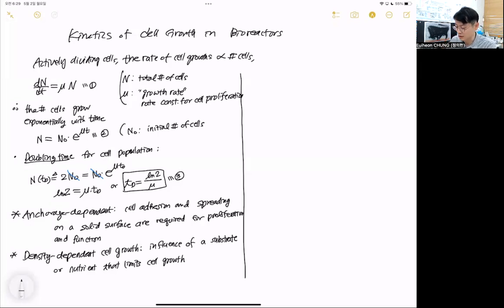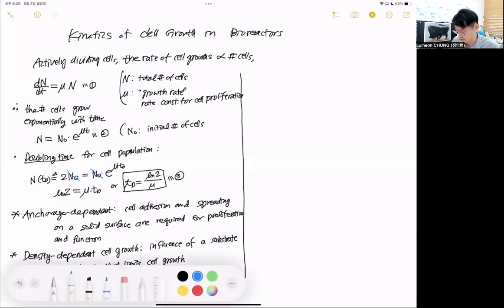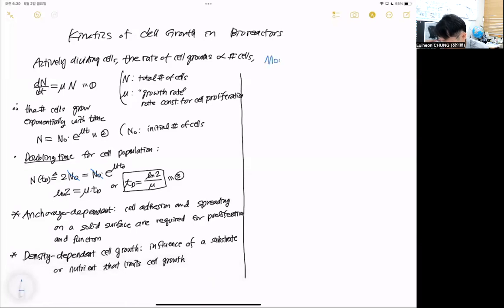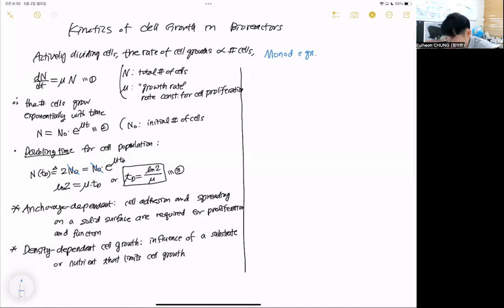That comes from the so-called famous Monod equation, who got a Nobel Prize for his work. So I will write it down as the Monod model.